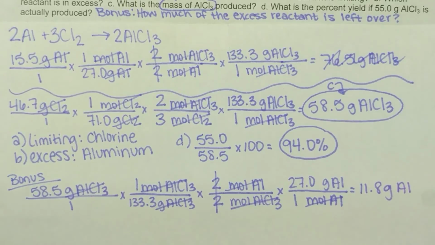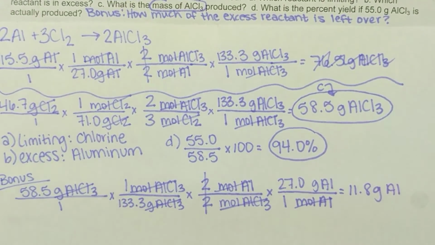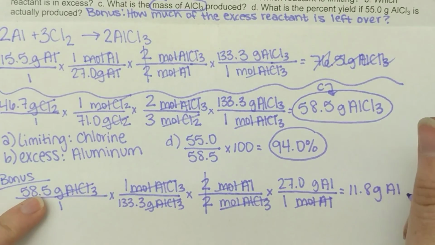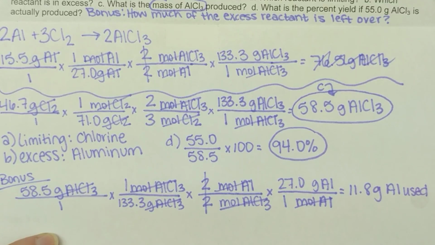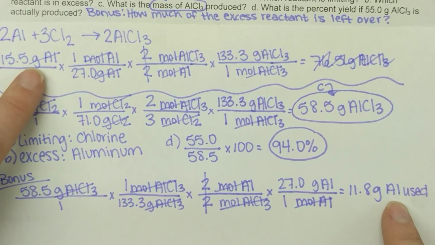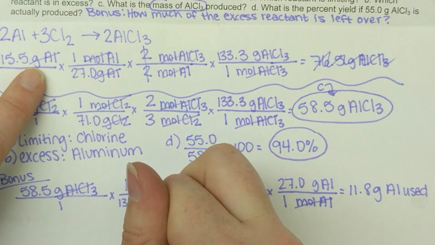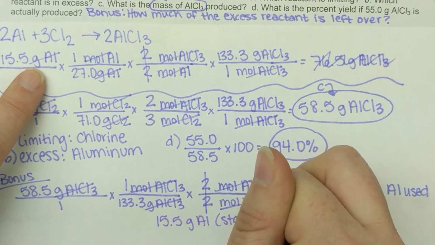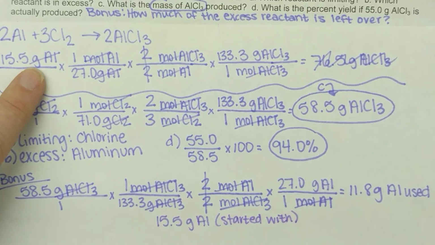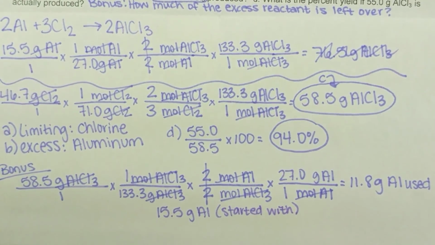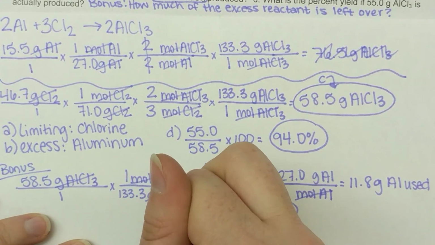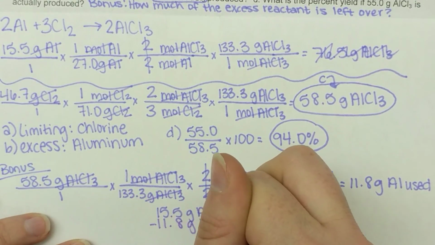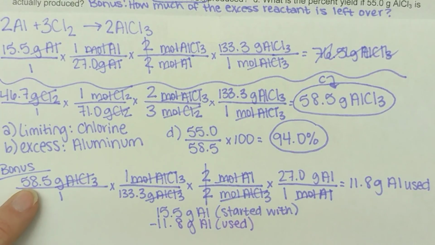This is not my answer though. This is how much aluminum was used to make 58.5 grams of aluminum chloride. Okay? And that's not what the problem wants. The problem wants how much is left over. Well, I used this much, and I started with 15.5 grams. So 15.5 grams aluminum started with, and then 11.8 grams used to only make 58.5.